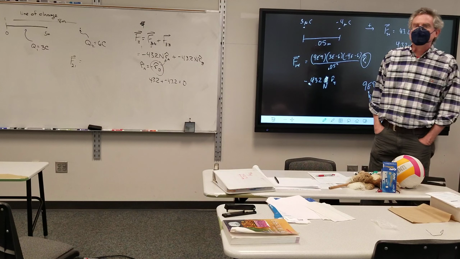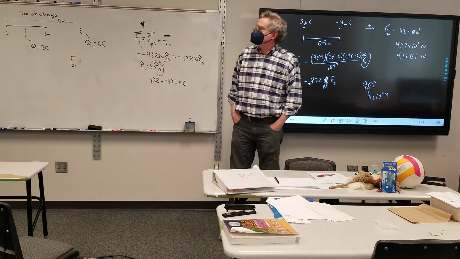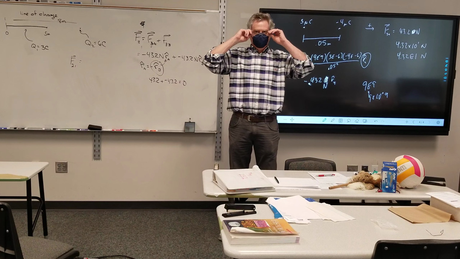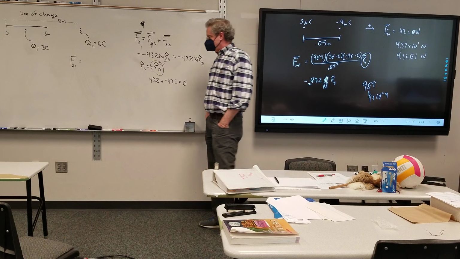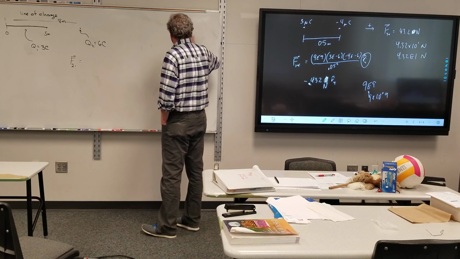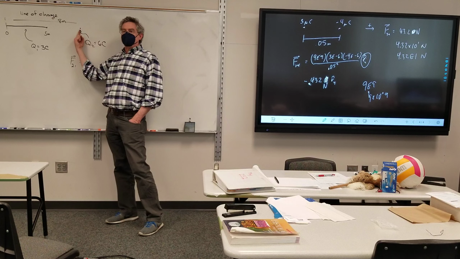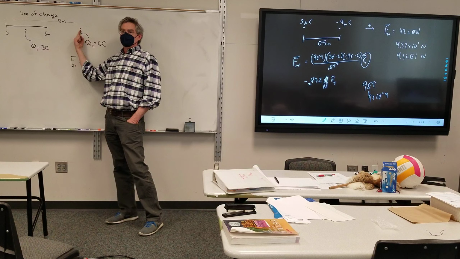So the Q1 is that whole line segment? Yep, I've got 3 coulombs spread out over 5 meters. And Q2 is spread around 8 meters? No, this 6 coulombs is just sitting right there. It's a point charge away from the line of charge.